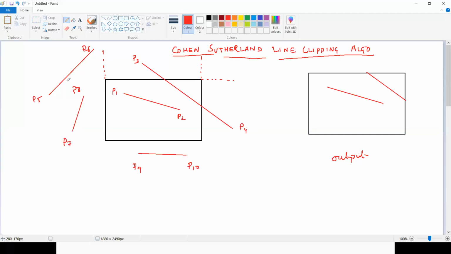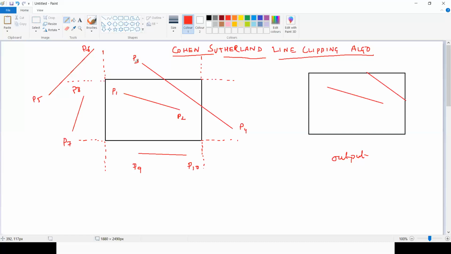Here you can see I am extending the lines by dotted ones, and dividing the entire area into regions. You can see there are a total of 9 regions: region 1, 2, 3, 4, 5, 6, 7, 8, 9. So for each region, we will generate some code.